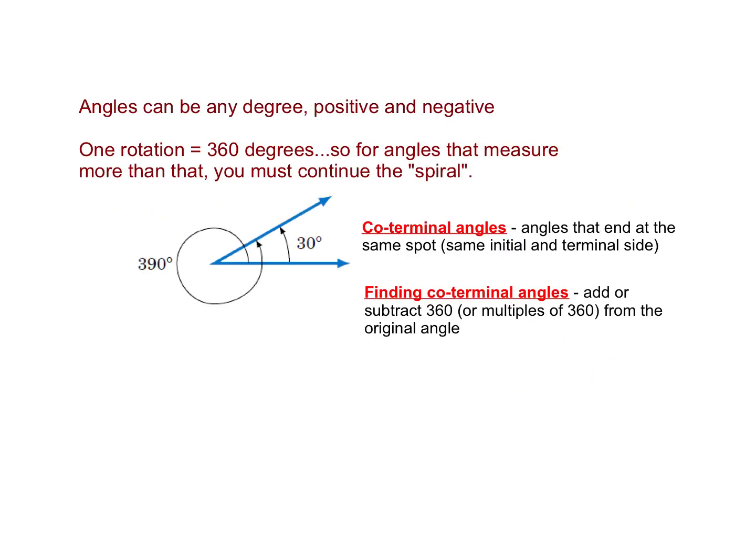So angles can be any amount of rotation, and they can go more than 360 degrees. If you think about a clock and the minute hand or the second hand, each of those is going to be going around the whole clock more than one time.